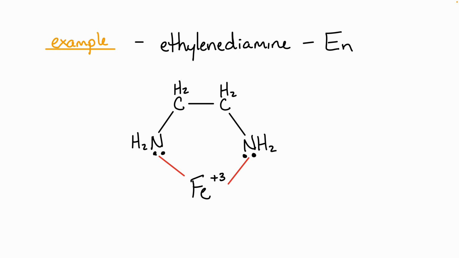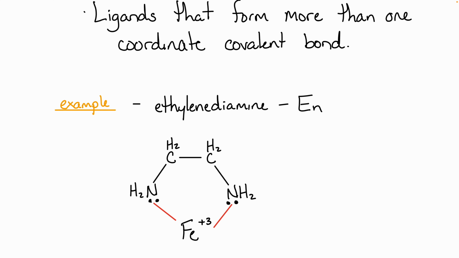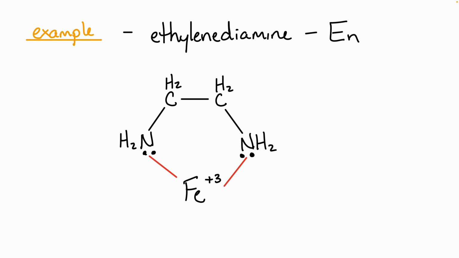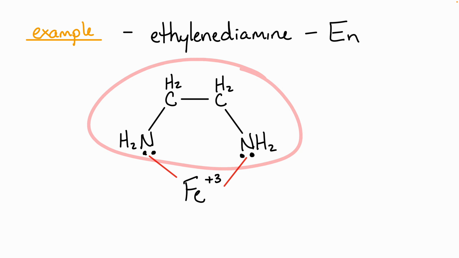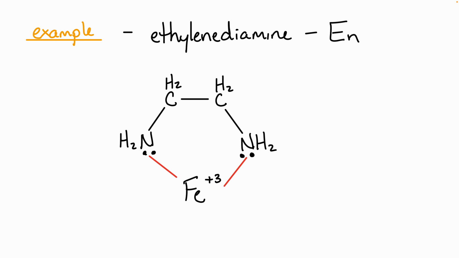If I put iron 3 in a mixture of water in this thing, what's my complex going to be? That's kind of a big, ugly math equilibrium problem that we don't have to worry about. In terms of naming stuff, we can do that. But importantly here, let's finish our bases with our polydentate ligands. These ligands that form more than one coordinate covalent bond. Importantly, in this case, these nitrogens would be donor atoms, the things donating those lone pairs.